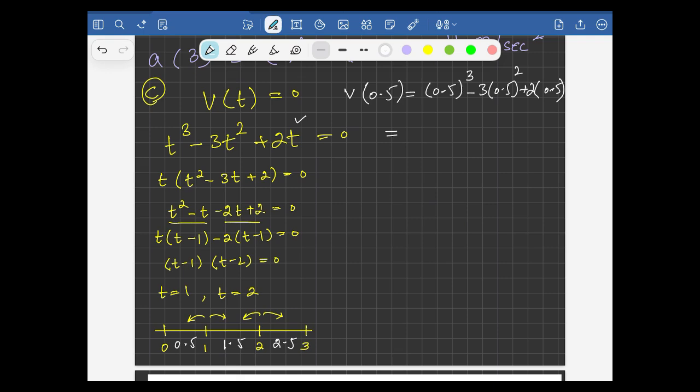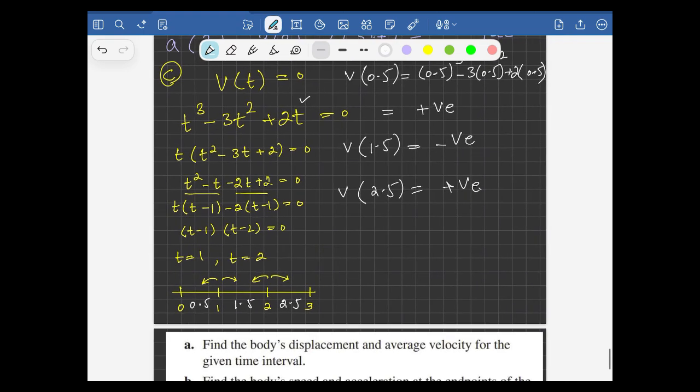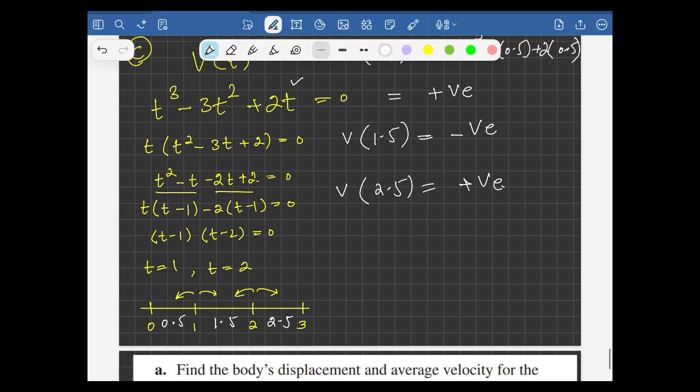In short, the value is positive. What about v at 1.5? 1.5 is going to be negative. And velocity at 2.5 is positive.